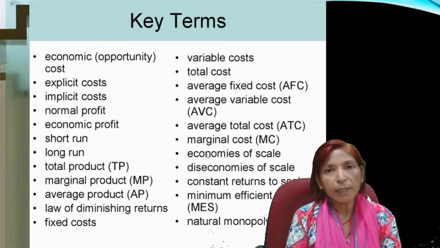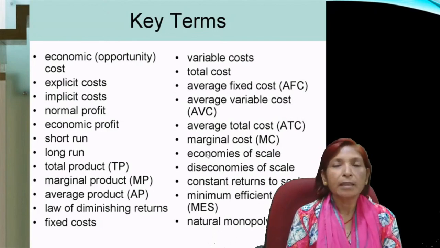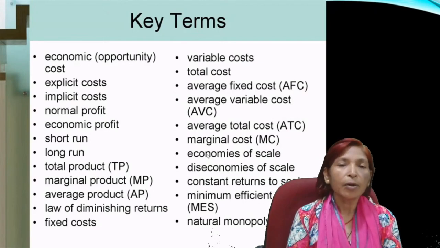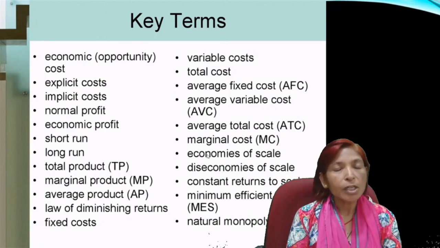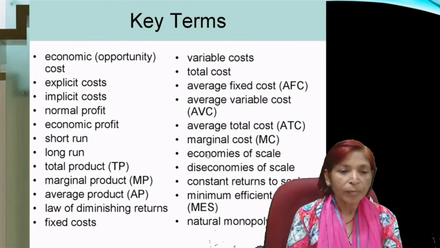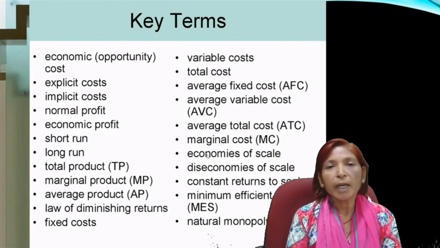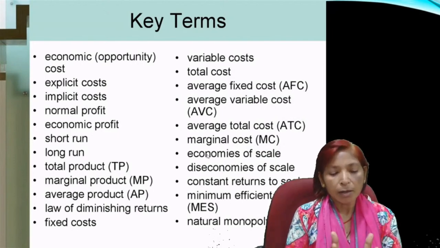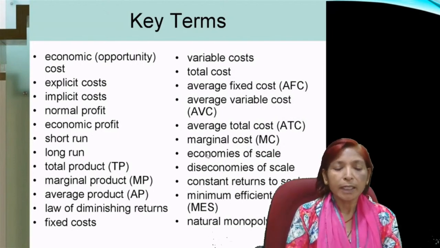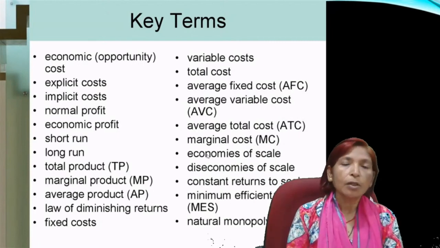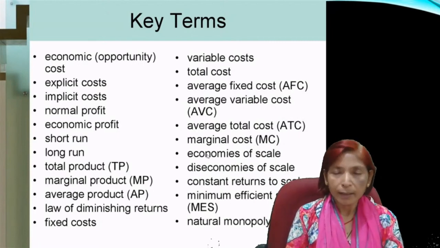Or in other words, MP we can calculate by taking the difference in total production, TPn minus TPn minus 1, or delta TP upon delta Q. If the change in total production is divided by the change in number of units, then we can get marginal product. Average product is the per unit amount of output. It can be calculated by dividing total production by quantity.